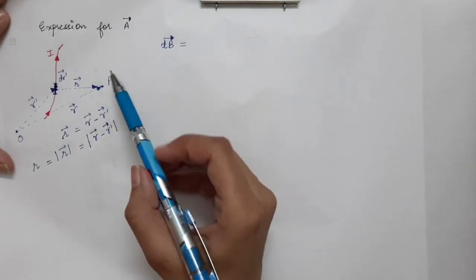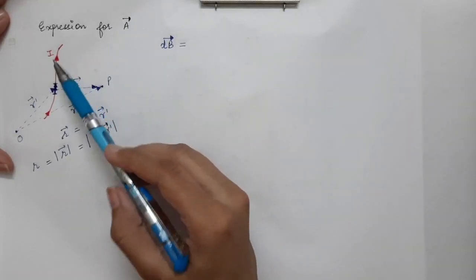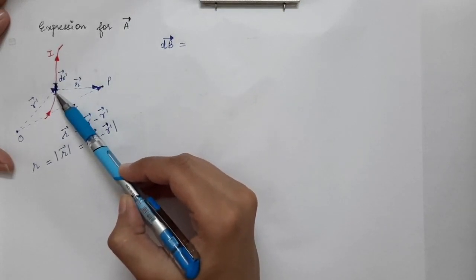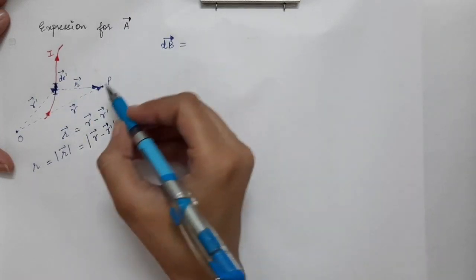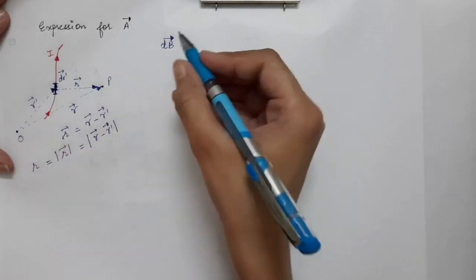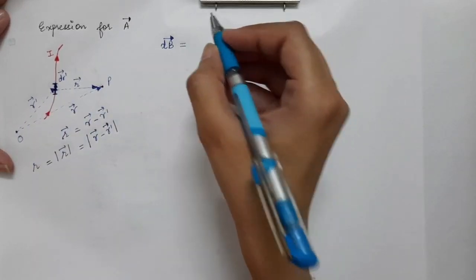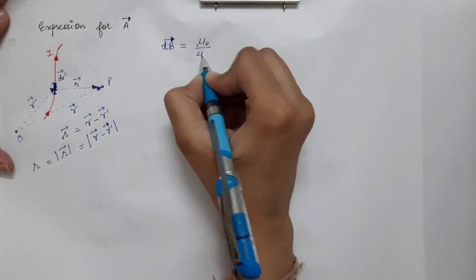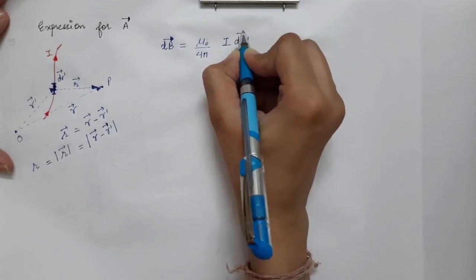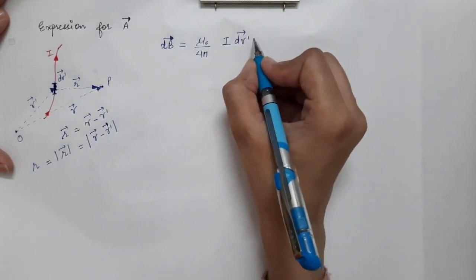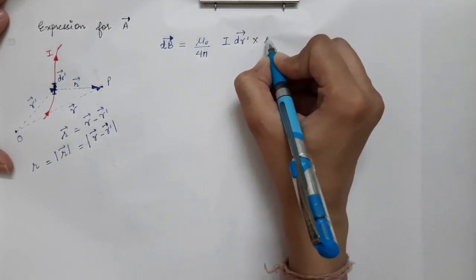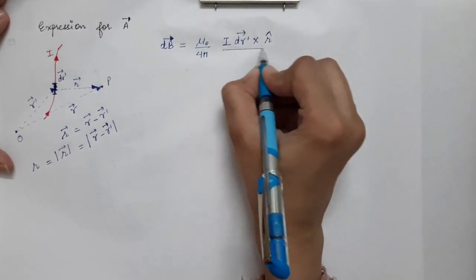Now we are going to find the expression of the magnetic field at this point due to this small current element. Using the Biot-Savart law, the magnetic field at this observation point due to this small current element is represented by dB vector, and that will be equal to mu naught divided by 4 pi, I times dr prime vector cross product with r cap, divided by r square.